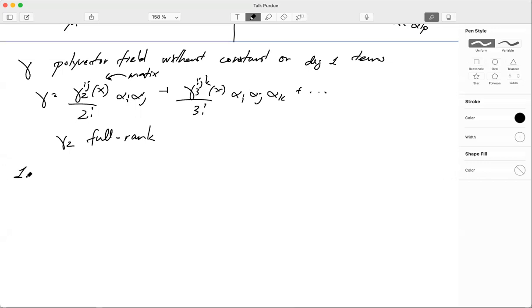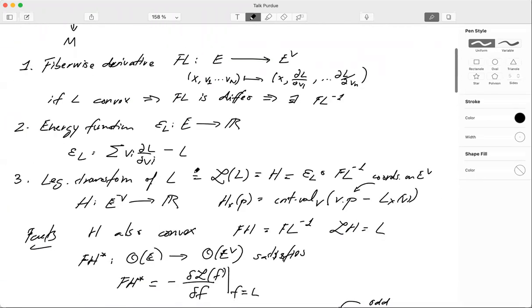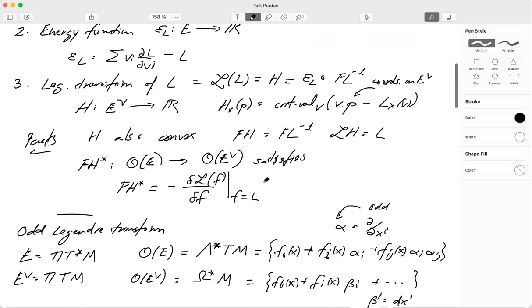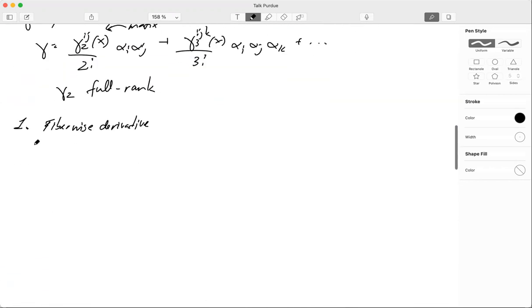So there are steps 1 through 3. So step 1 is the fiber-wise derivative. So remember that the fiber-wise derivative that we had was before a map from E to E dual. And now since we're working on functions, we just have my fiber-wise derivative defined as a pullback from functions on E dual to functions on E. And how do I calculate this?